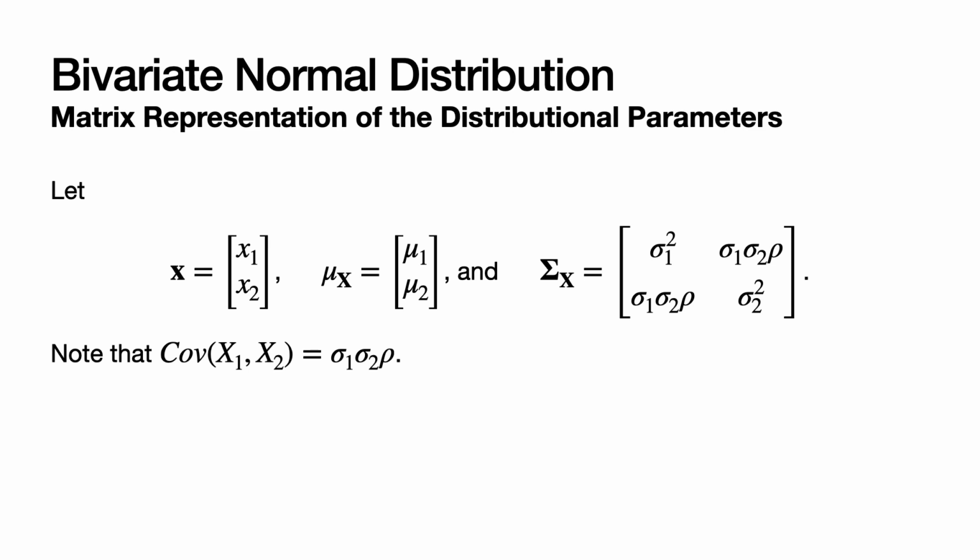Now note that the quantity that I just discussed, sigma 1 times sigma 2 times rho, that is the covariance of x1 and x2. So we are taking these parameters and we are packaging them in terms of vectors and matrices.